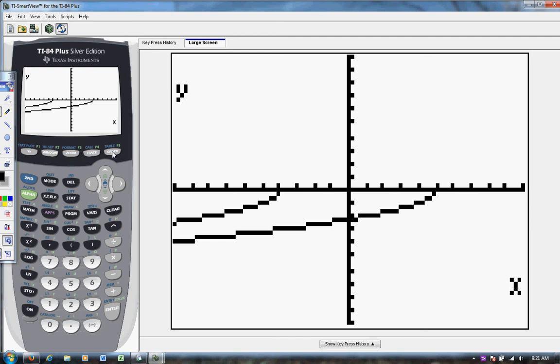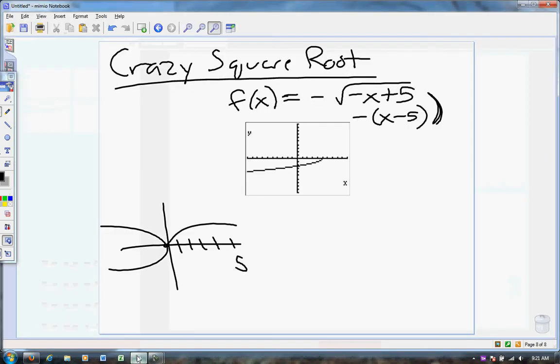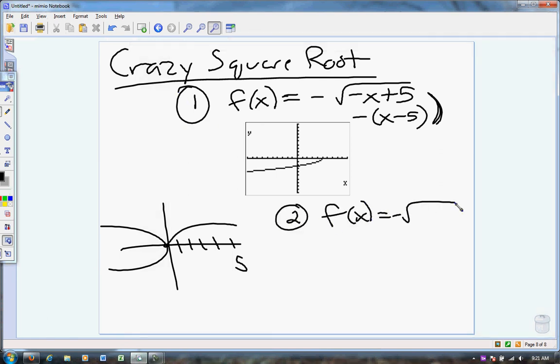So do you see what I was talking about, taking out that negative? If I graph, I'll just go back to Memeo now. This would be the first one. The second one, f of x equals the negative square root of negative x minus 4, winds up being 1, 2, 3, 4, and it winds up being here.